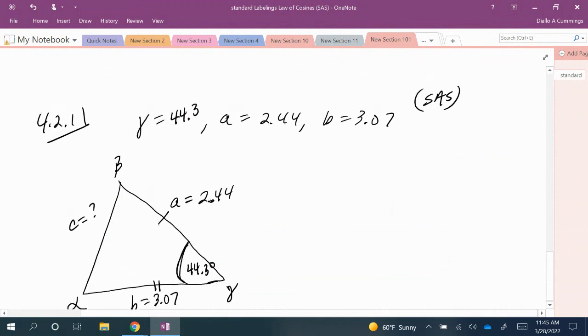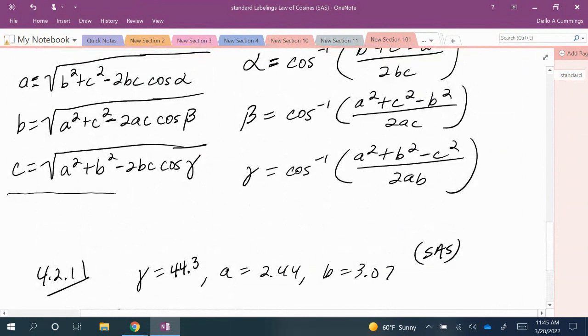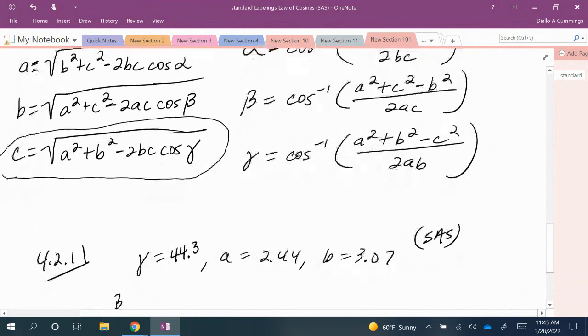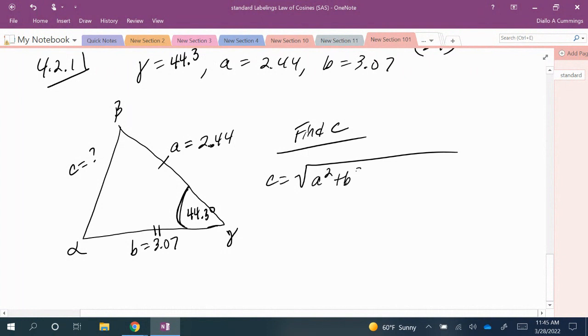So if I take a look back at our formulas, this is the formula that we're going to use. I'm going to write that. We're asked to find C, so C is equal to the square root of A squared plus B squared minus 2AB times the cosine of gamma.